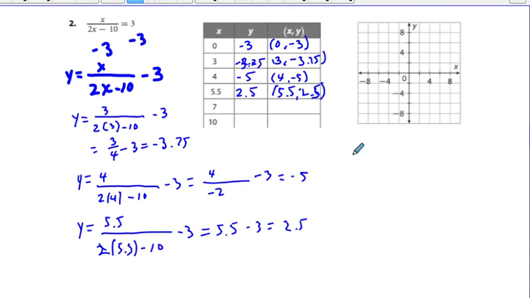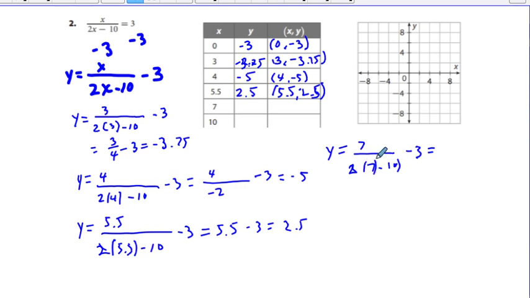What happens is my streaming service uses resources. So for 7 we get 7 over 2 times 7 minus 10, and then minus 3, which is going to be equal to 2 times 7 minus 10.